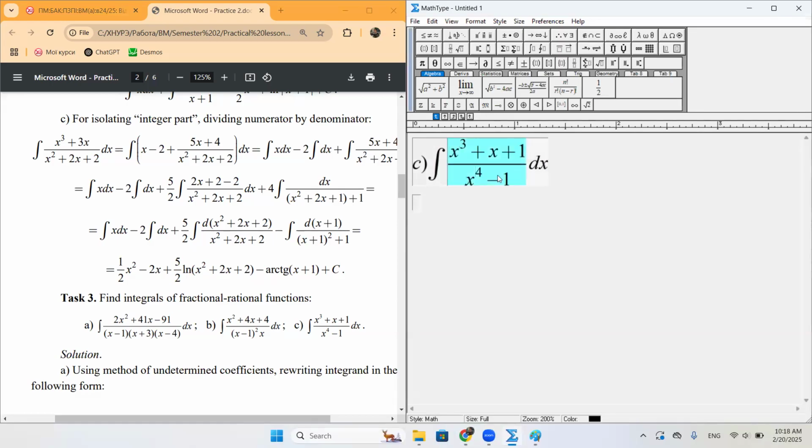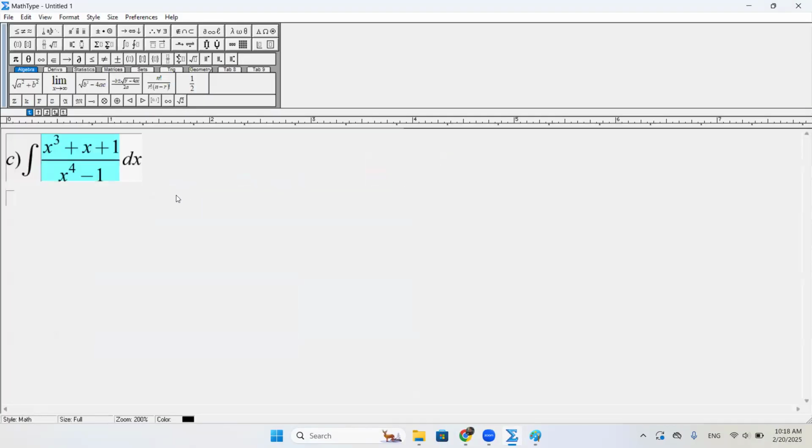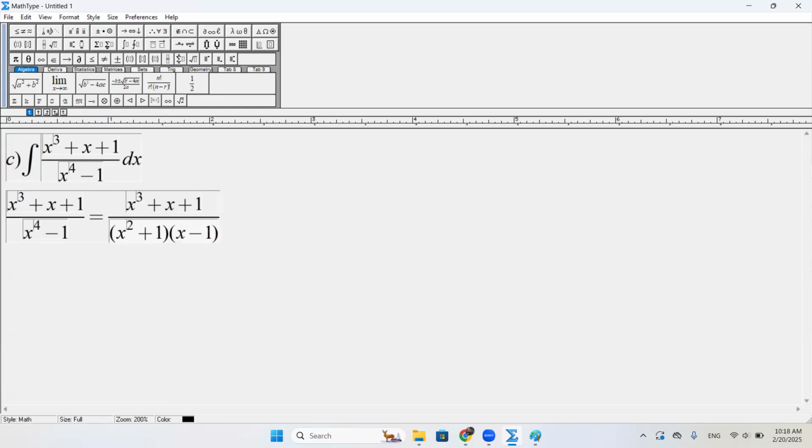If I rewrite this fraction, first of all, let's factorize the denominator. We receive x squared plus 1 multiplied by x minus 1 multiplied by x plus 1.